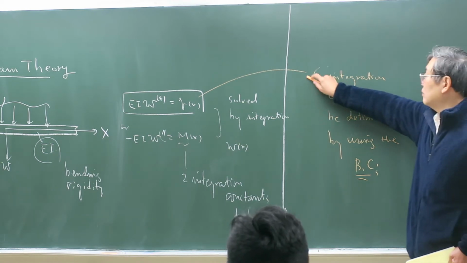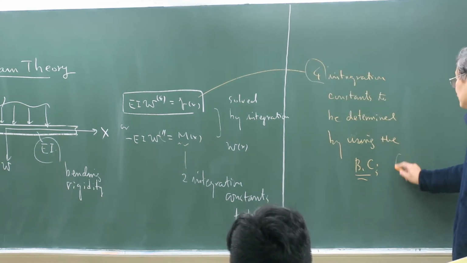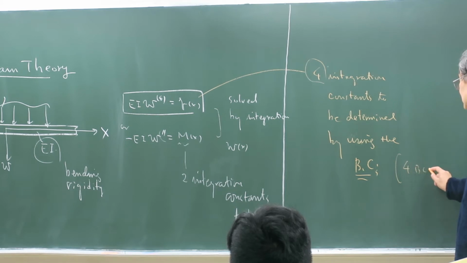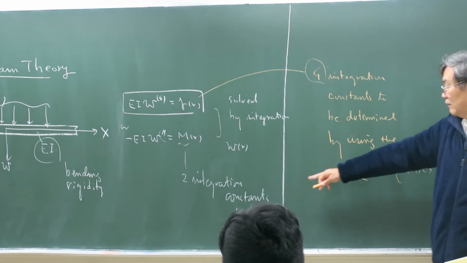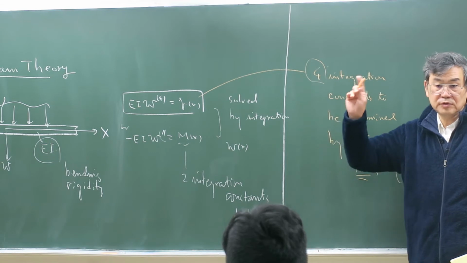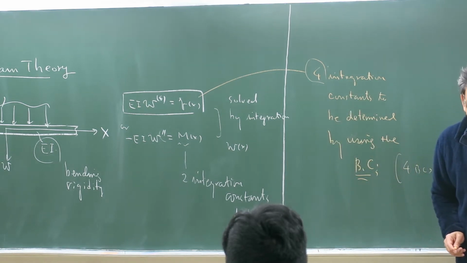So 4 integration constants you have, you need 4 boundary conditions, right? This will have 2 integration constants. You need 2 boundary conditions. Okay.